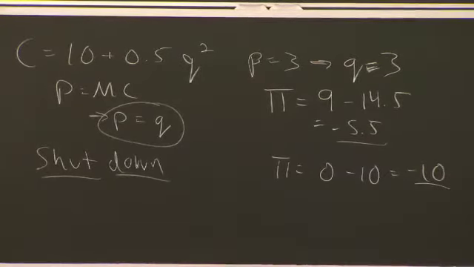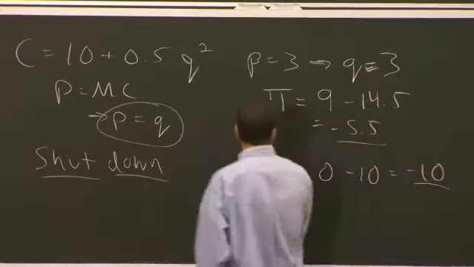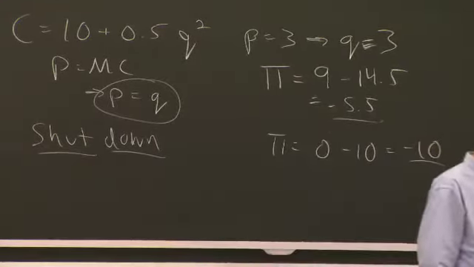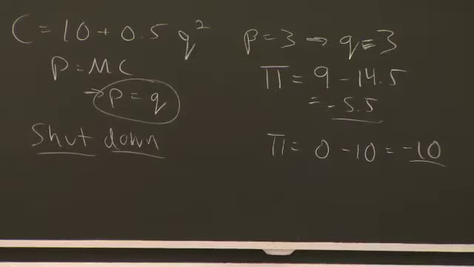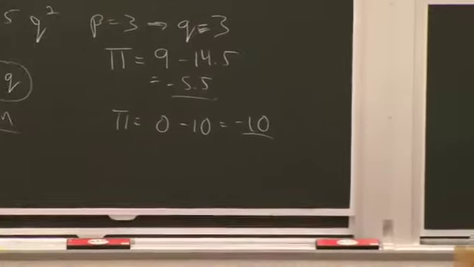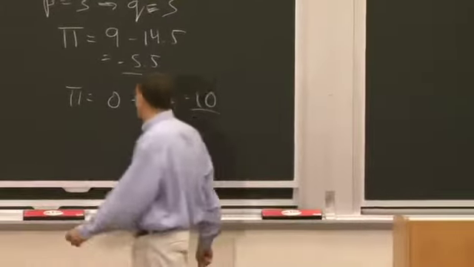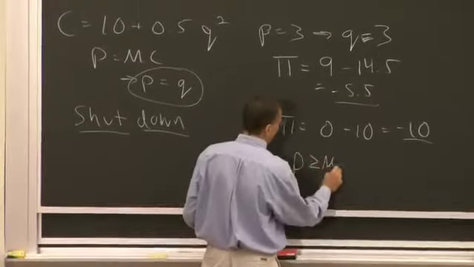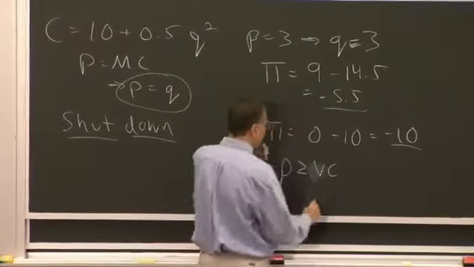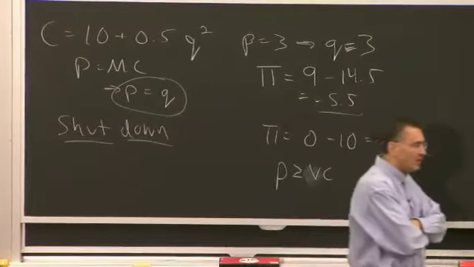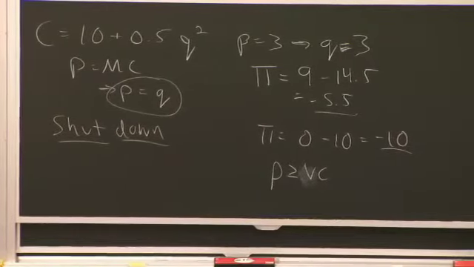More generally, a firm will stay in business in the short run as long as its price covers its variable costs. So a firm will stay in business so long as the price is greater than or equal to its variable costs.